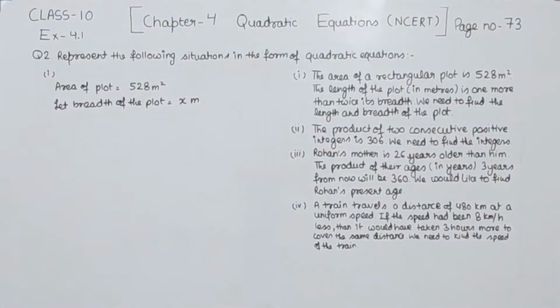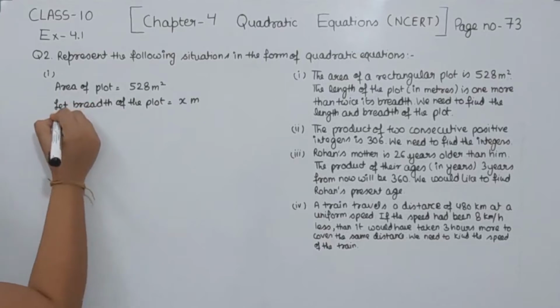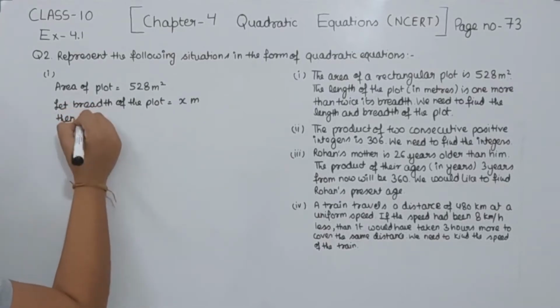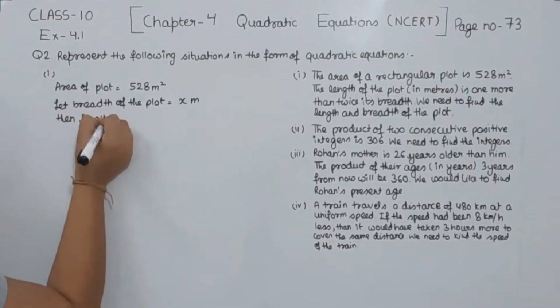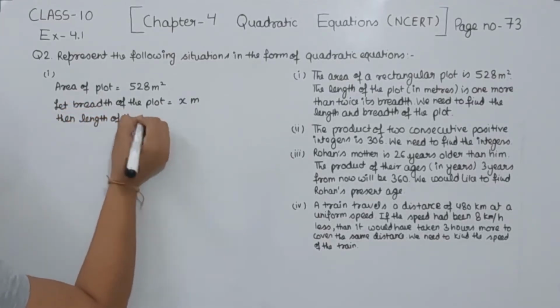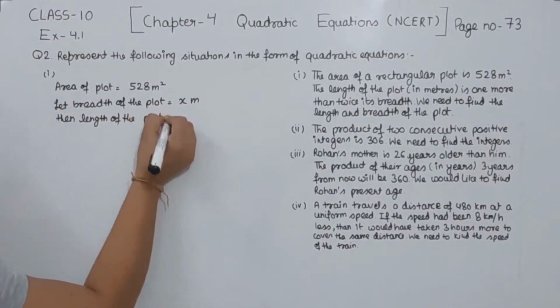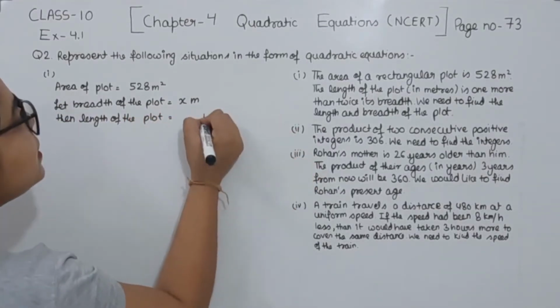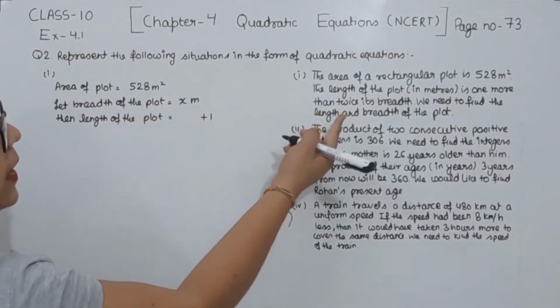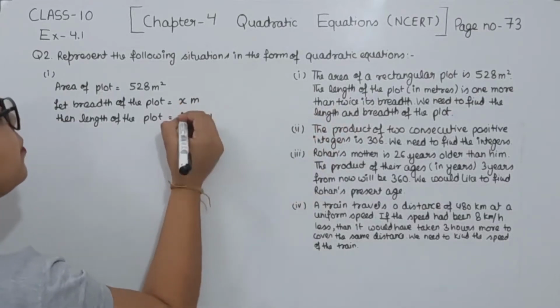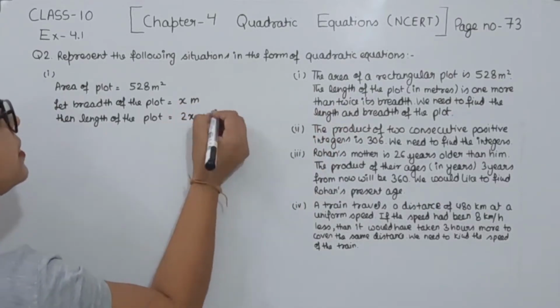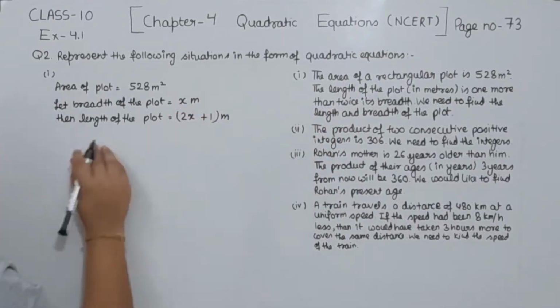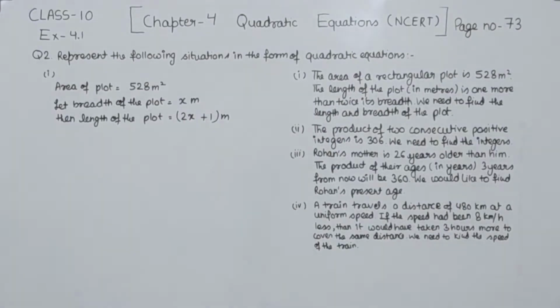Then the length is one more than twice its breadth. So the length of the plot is, first of all one more, that is plus 1, then twice of its breadth. The twice of breadth is 2x. So 2x plus 1 meter is the length, and the breadth is x meter.